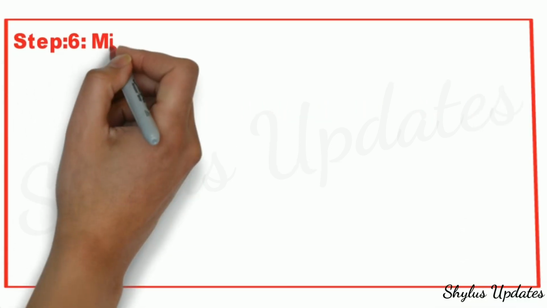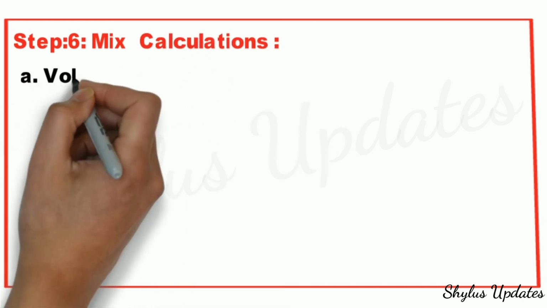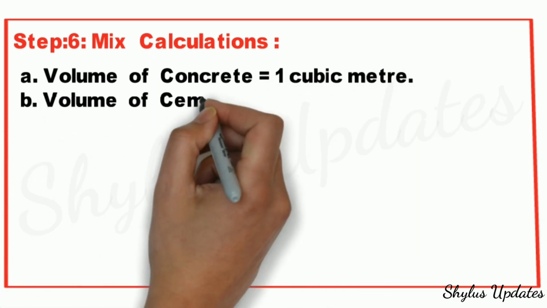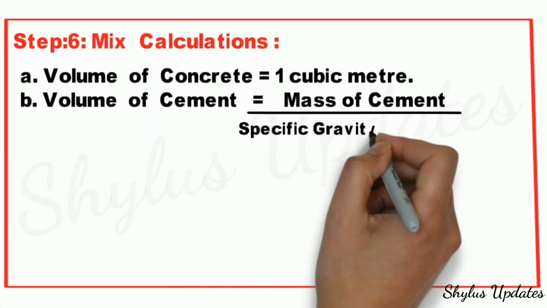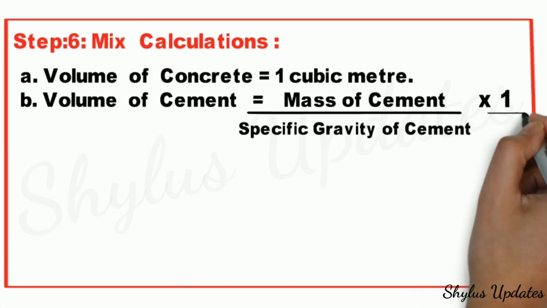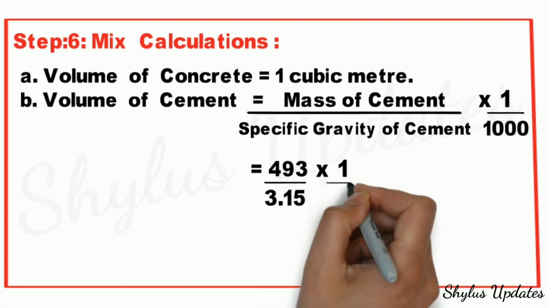Step 6. Mix calculations. Volume of concrete is equal to 1 cubic meter. Volume of cement is equal to mass of cement upon specific gravity of cement into 1 divided by 1000. Now substitute the values. 493 upon 3.15 into 1 divided by 1000.